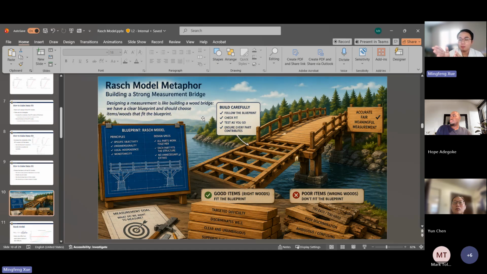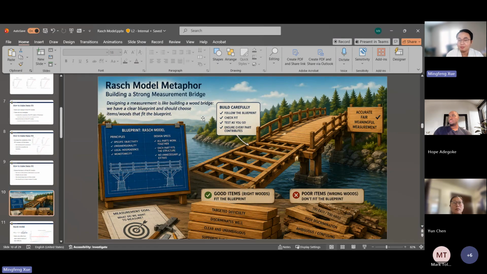When building this bridge, we need to search for different woods and compare those woods with our blueprint. In these cases, the blueprint is the Rasch model. So we cannot simply go into our forest, find a random wood, build our bridge and change our blueprint.